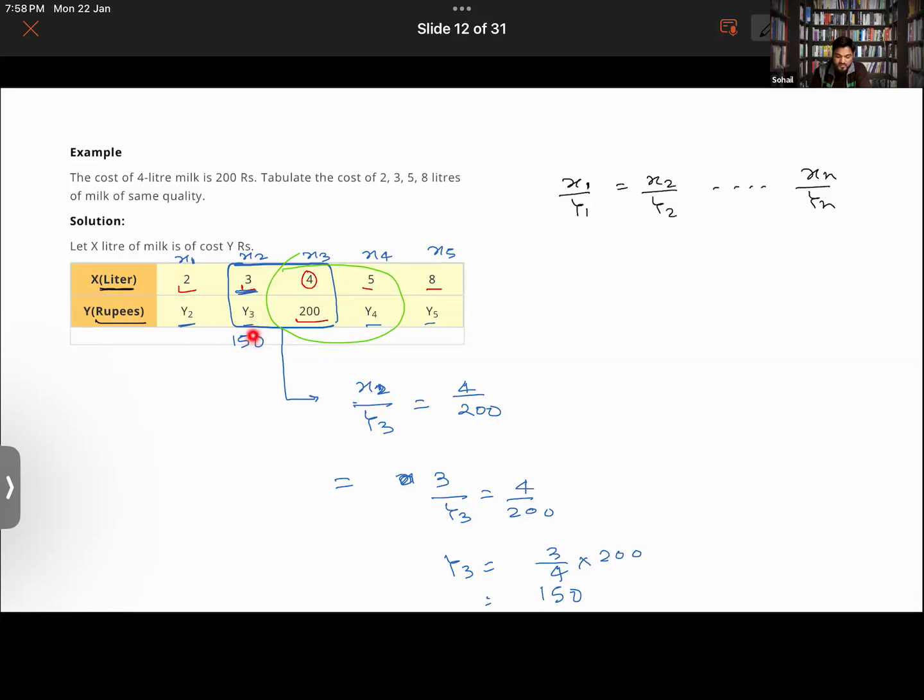If we put the value we got for y3, which was 150, then 3 upon 150 equals 4 upon 200. So we are getting a constant value, that is 1 upon 50.